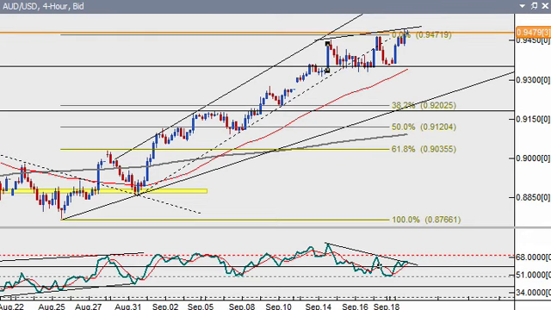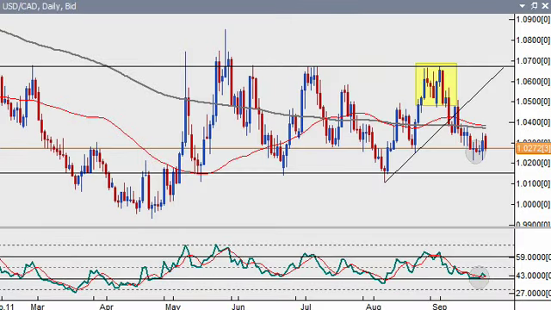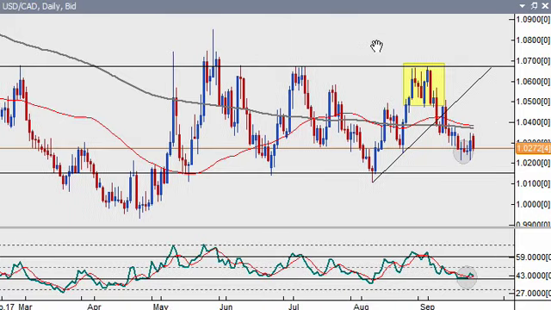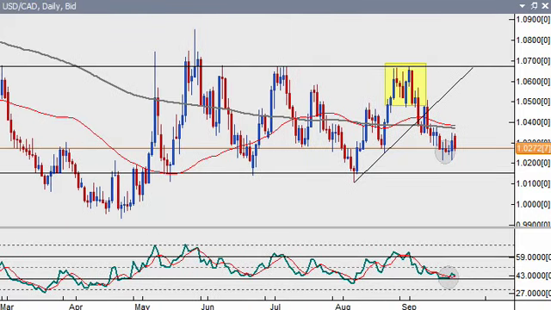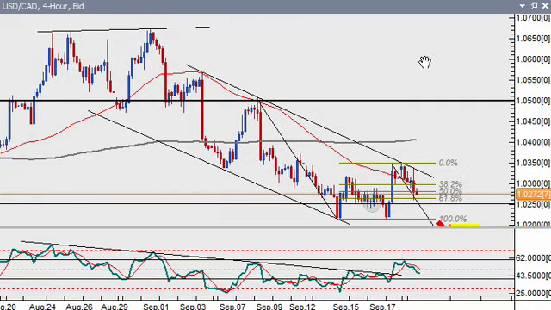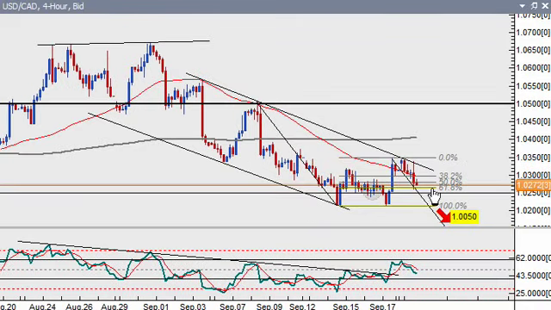The US dollar Canadian dollar pair is also showing dollar weakness against the commodity currency. Here's the daily. We see possible bottoming action, but today's price action is invalidating this as bottoming. The 4-hour time frame shows that if the market can break below the 61.8% retracement, you see here is a possible double bottom, and then here's a throwback.